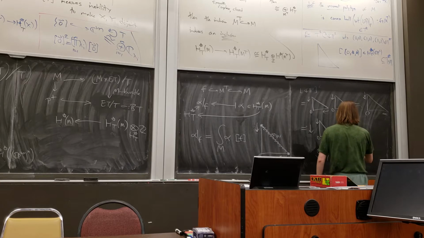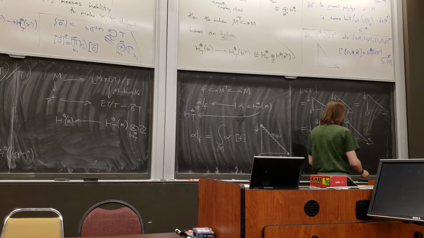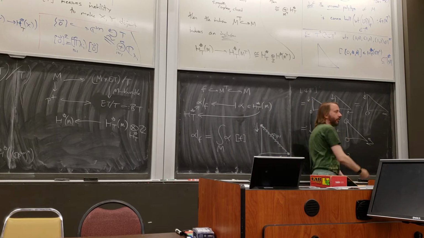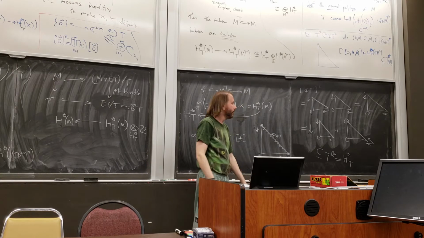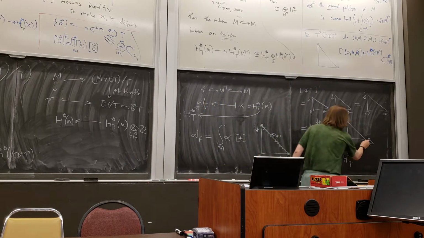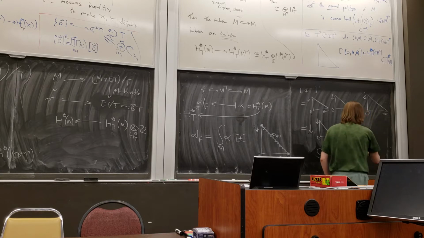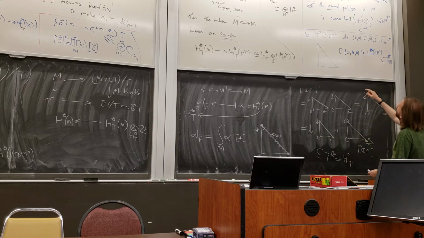There's one more term I need, and it looks like this. What I have here is the product of both of these. So what is that thing? This is the class of that point. Which point was it? 1, 0, my second coordinate.